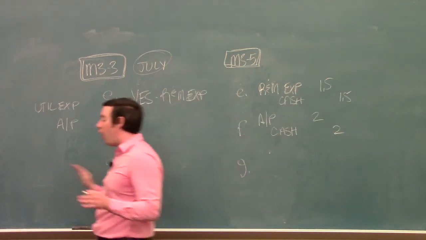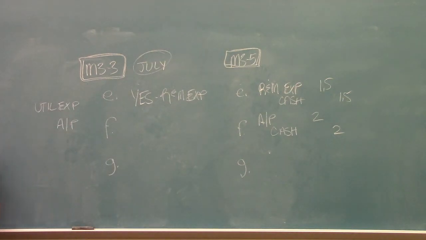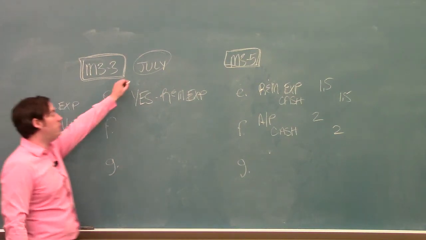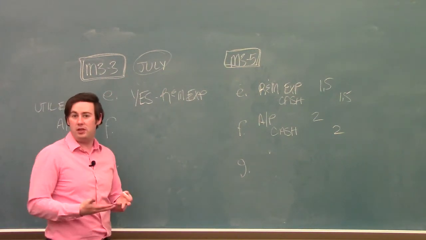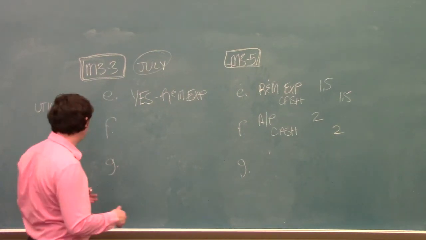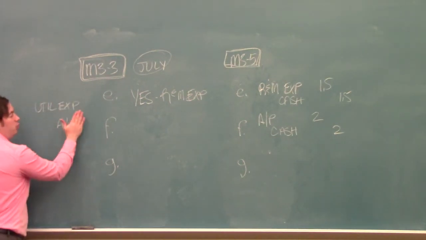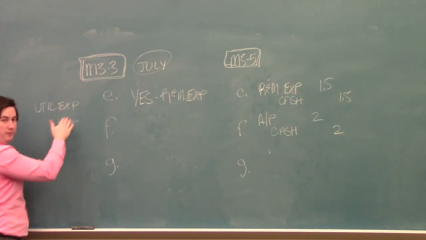And that's not all that was included in this portion of the problem. It says we also received the July bill for $2,500, which will be paid in August. Since we're dealing with the month of July and we've been using the electricity during July, we're going to make the same journal entry that we did for June as well.